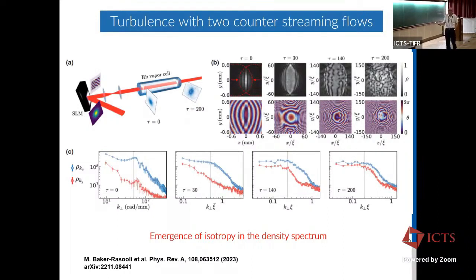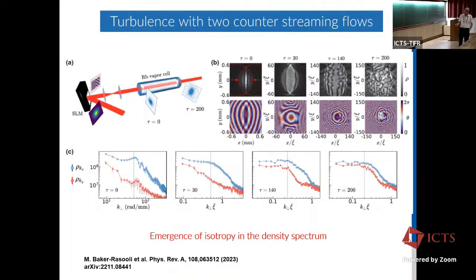Here, what we have verified is the emergence of isotropy in the density spectrum. This can be done quite easily by taking the fast Fourier transform of the density image, into the k space, and then we have the density spectrum. We have traced here the density spectrum for the wave vector in the x direction and in the y direction.